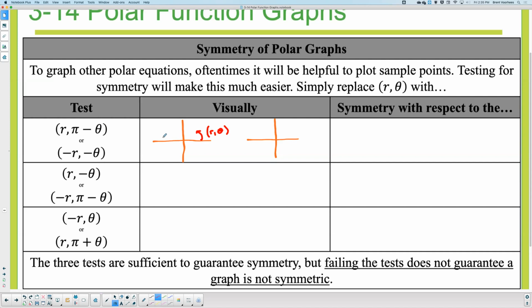So we go this way. Now that right there is r comma pi minus theta. Now what type of symmetry do these two arrows have? What kind of symmetry? Is it with the x-axis, y-axis, or the origin? The y-axis. Now, that's what we would call it beforehand. But so here, we're going to say it's symmetry with respect to, in polar, you would call this theta equals pi over 2.